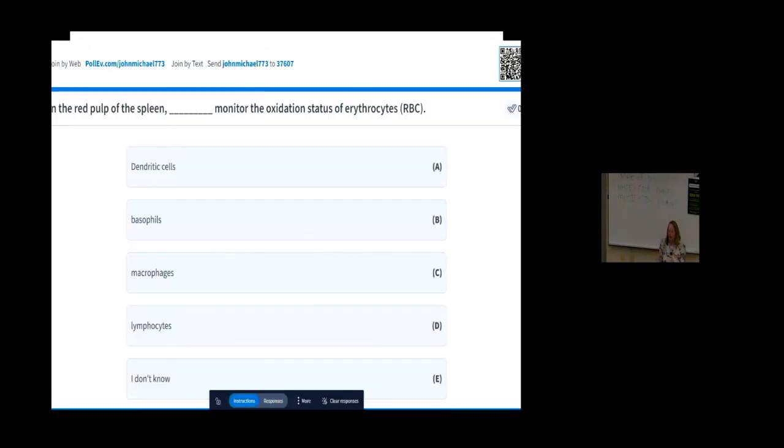All right, so if you're in the red pulp of the spleen, what kind of cells are monitoring the oxidation state of your erythrocytes? Dendritic, basophil, macrophages, or lymphocytes?